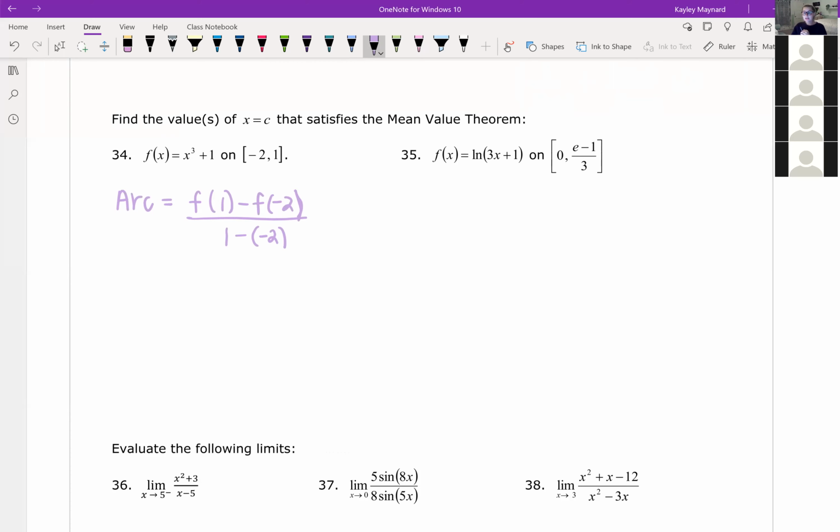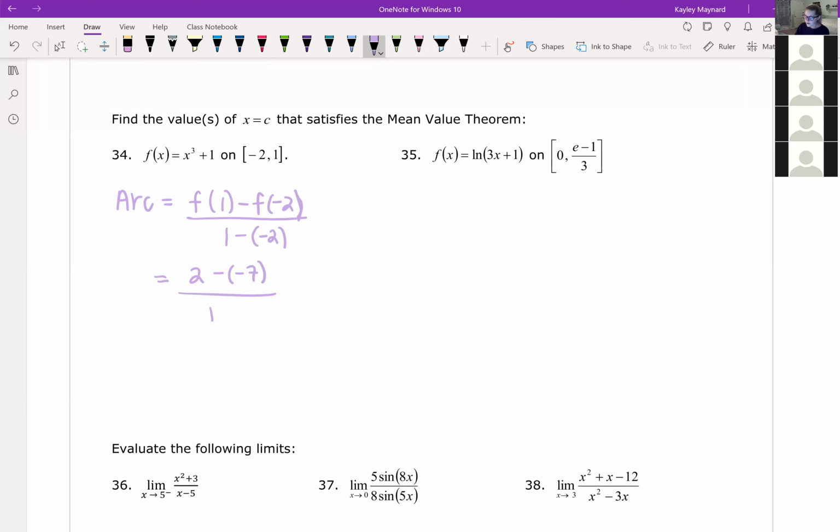So let's go ahead and see where that happens. If you're ever trying to find the values that satisfy the mean value theorem, your first step is to find what the average rate of change is on this interval, which is just the theorem that we learned in the first few weeks. So let's just go ahead and evaluate this. So f of 1 would just be 2. f of negative 2 would be negative 7.